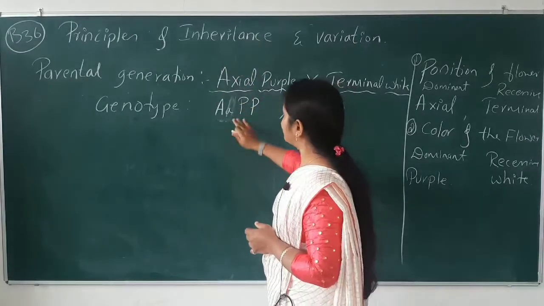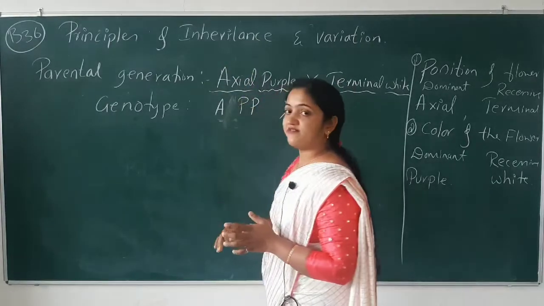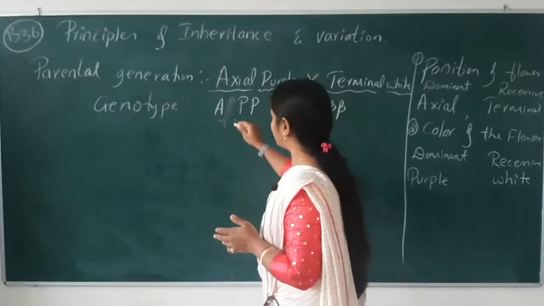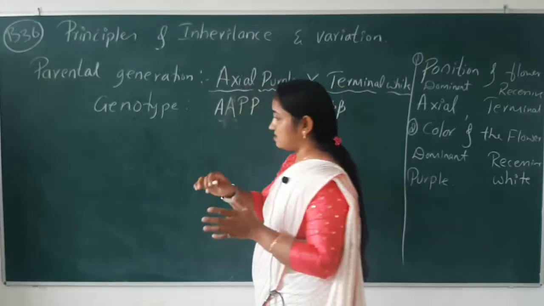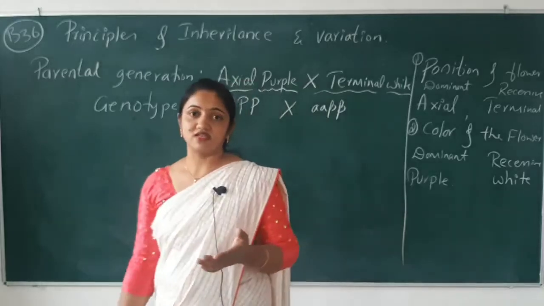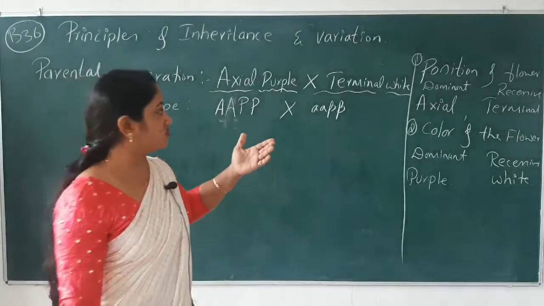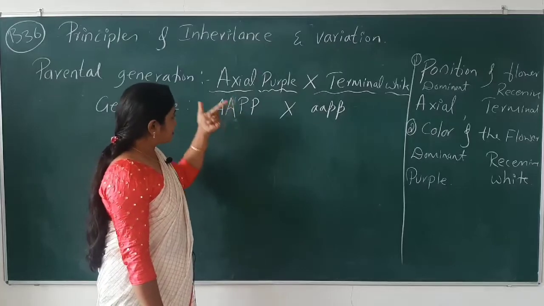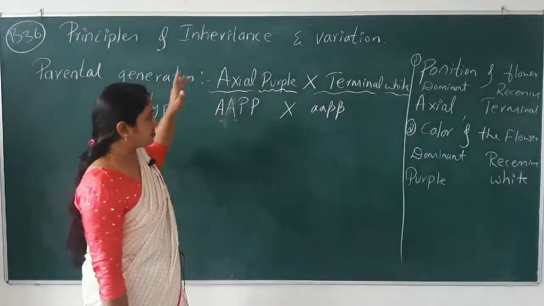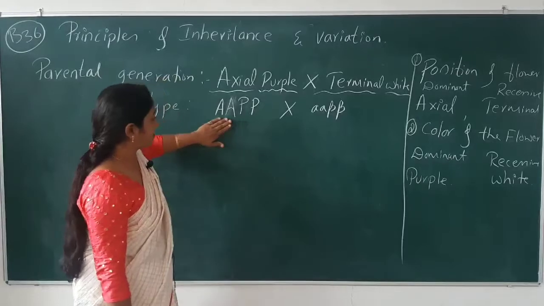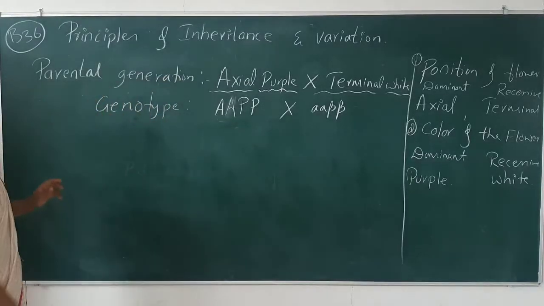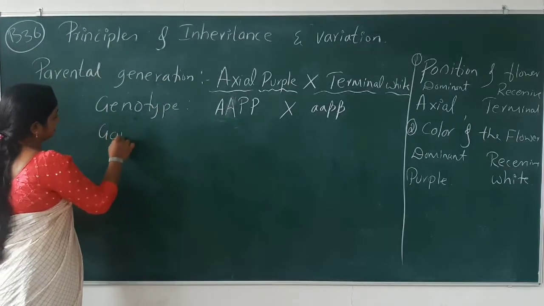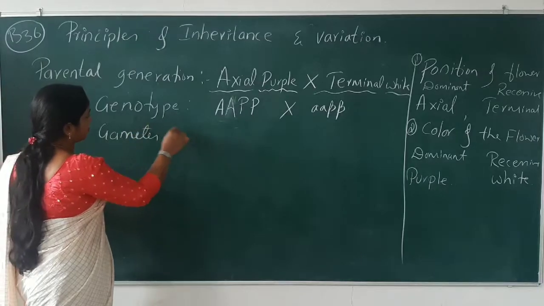In the offspring, we don't know how the offspring will be in the F1 generation. Though we need clear-cut offspring, we want to cross the pure lines. So in the parent generation itself we have selected the homozygous parents. We will select the gametes now.